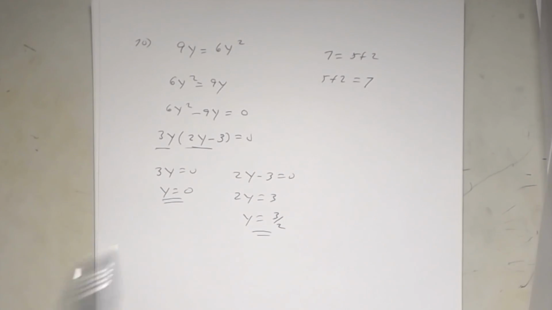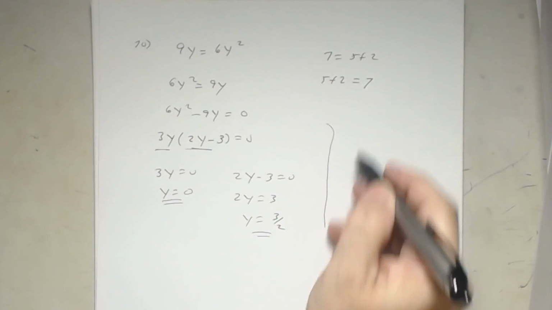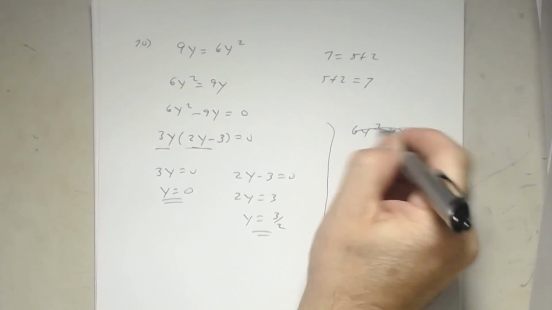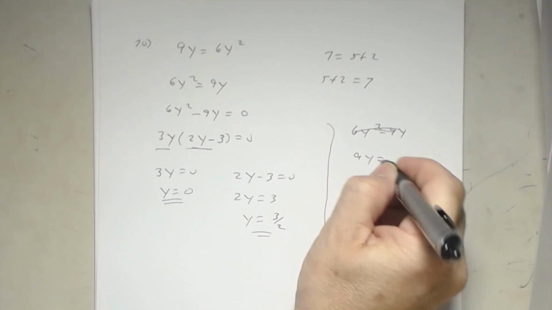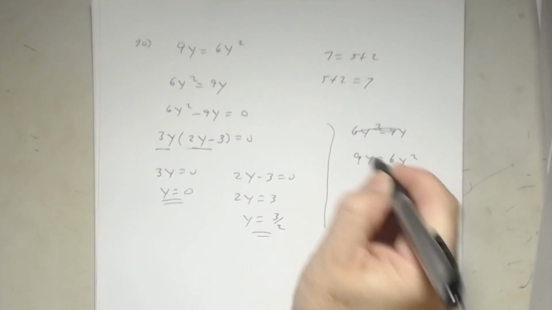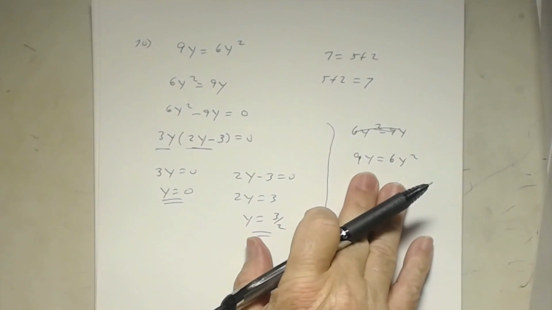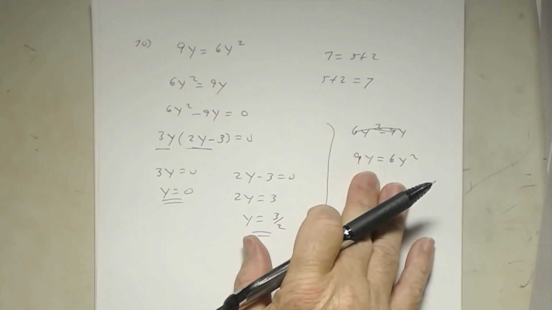Now let me ask you this. Same problem. Well, let me go do it here. Do you see the original problem? Could I have divided both sides by 3?